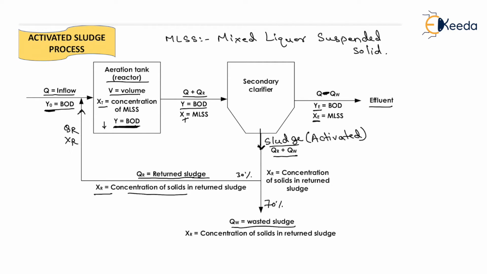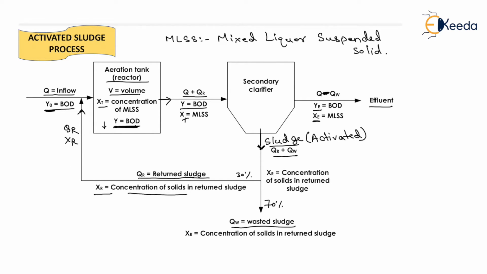And in the aeration tank we provide a large amount of air to the microorganisms so that they become charged and decompose the organic matter. Now we send that water from the aeration tank to the secondary clarifier, where the decomposition takes place, and all the decomposed mass is taken out from the bottom of the secondary clarifier as activated sludge.